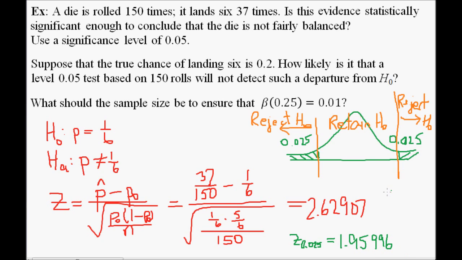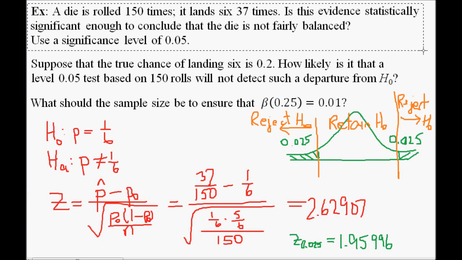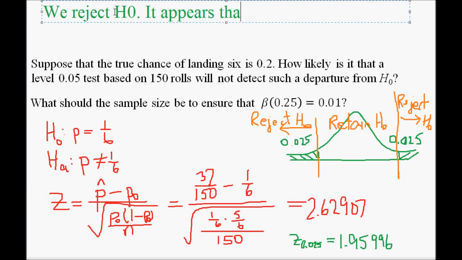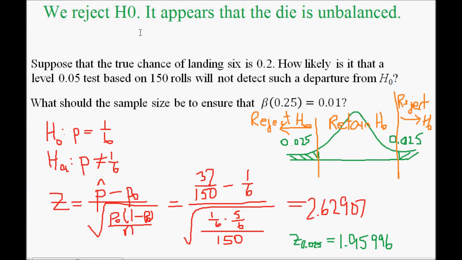Okay, so we see that the mark 2.62 will lie in the rejection region. And so let me clear this out so I can type our conclusion. And our conclusion is that we reject the null hypothesis. It appears that the die is unbalanced. So that is the conclusion we make for the first part of this exercise.